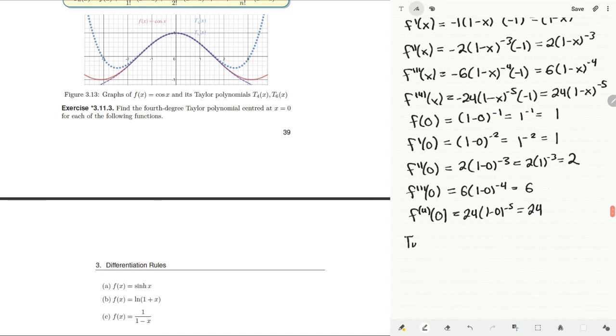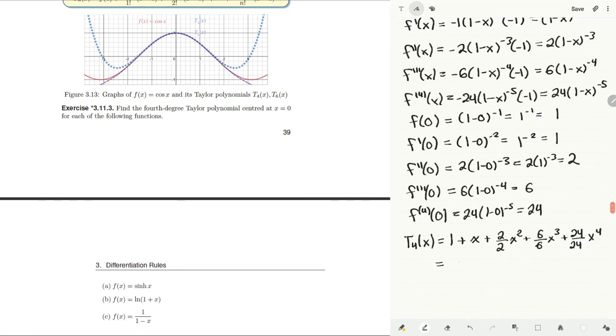And so the fourth degree Taylor polynomial is going to be 1 plus x plus 2 over 2 factorial, which is 2, times x squared, plus 6 over 3 factorial, which is 6, times x cubed, plus 24 over 4 factorial, which is 24, times x to the 4.